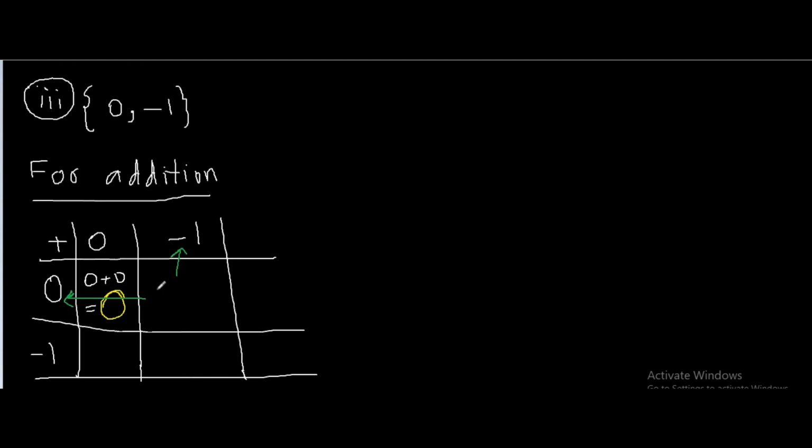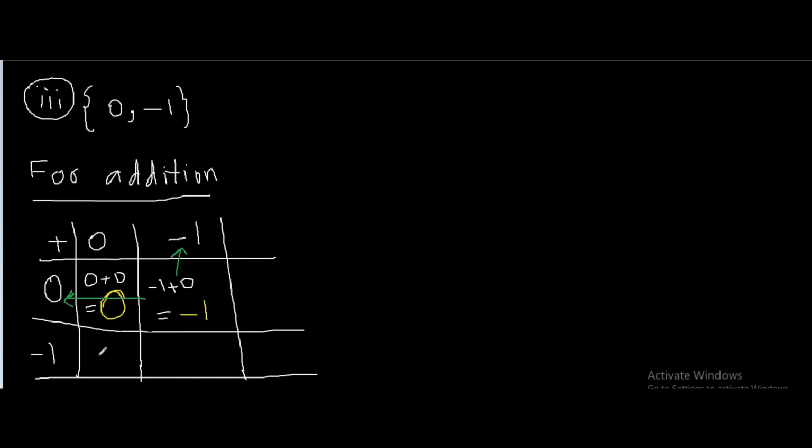The first member is -1, plus, because we are using addition, 0. What is the result for -1 plus 0? The result is -1.